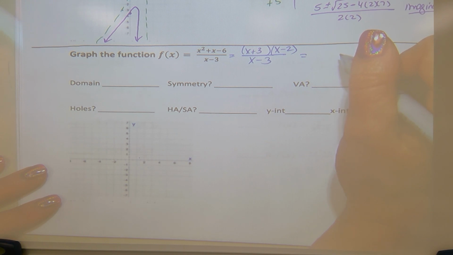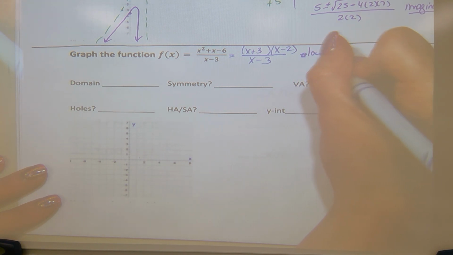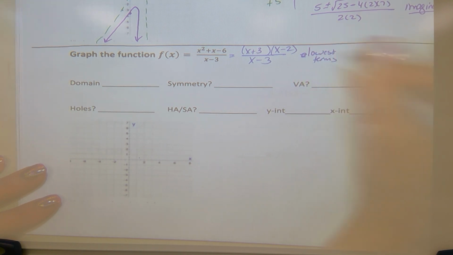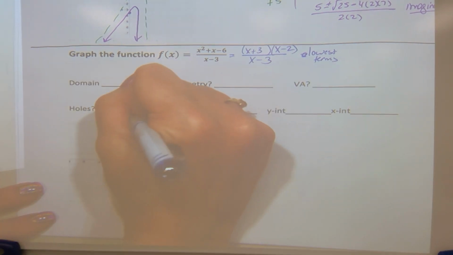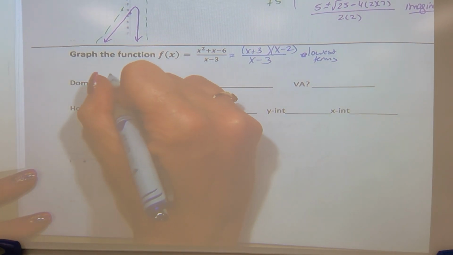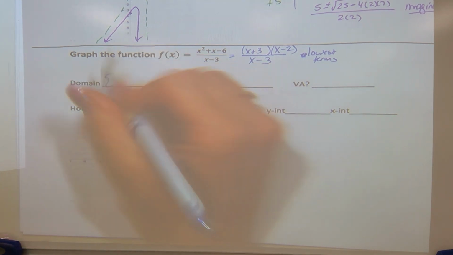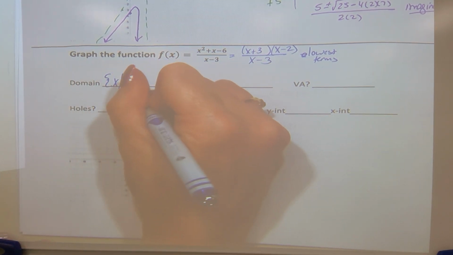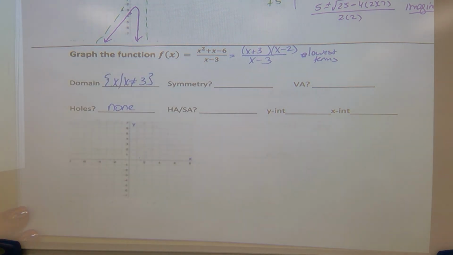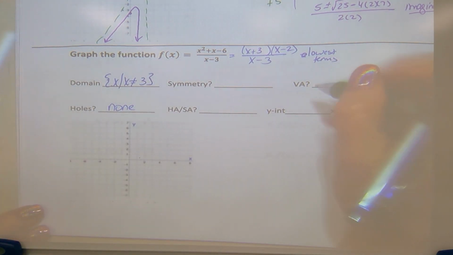Yes, it is in lowest terms. Since it's in lowest terms, I have no holes in the graph. I need to exclude a positive 3 from my domain. And that gives me the location of my vertical asymptote.